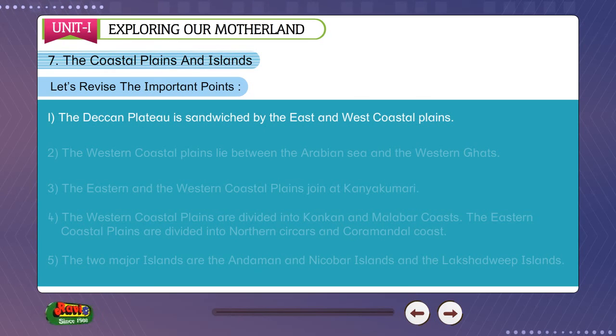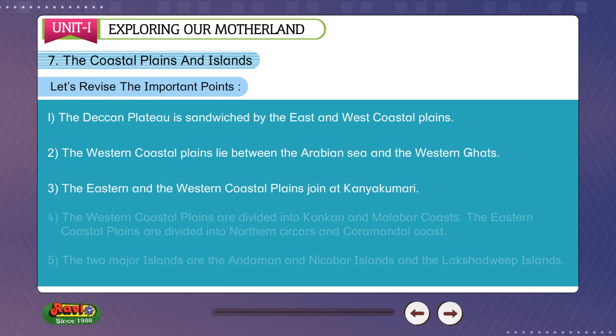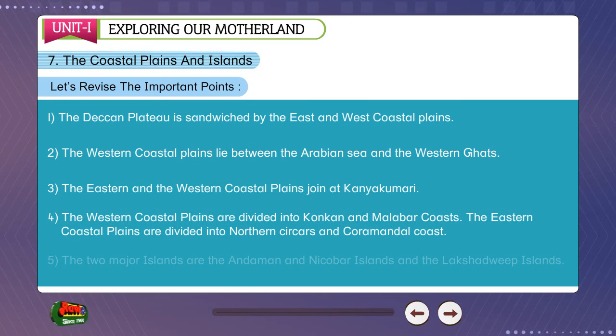The eastern and the western coastal plains join at Kanyakumari. 4. The western coastal plains are divided into Konkan and Malabar coasts. The eastern coastal plains are divided into Northern Sircars and Coromandel coast. 5. The two major islands are the Andaman and Nicobar Islands and the Lakshadweep Islands.